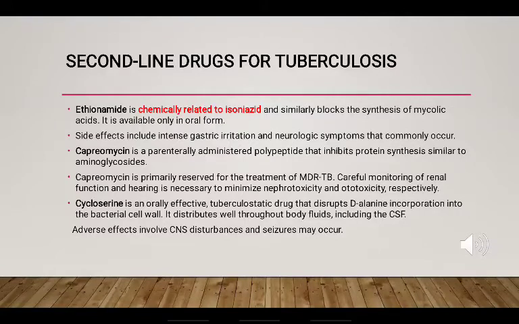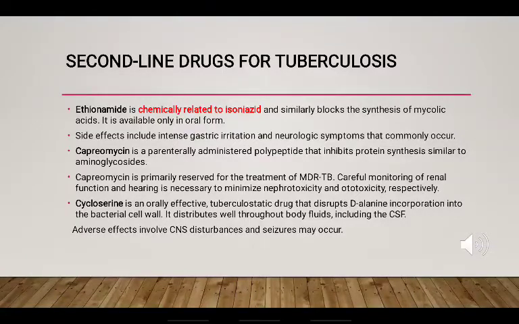So it's not a first line. It's only used when you put the patient on more than one medication for the treatment of tuberculosis and the patient is still not responding, then you can think of capreomycin as a treatment for such patients.